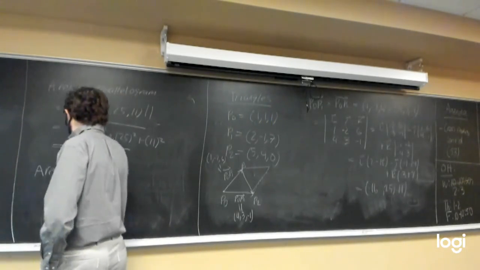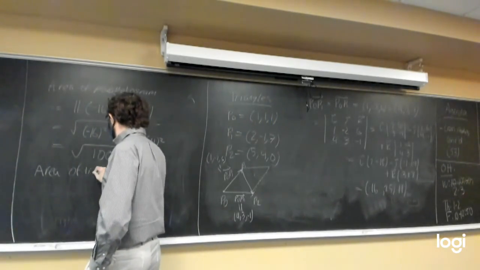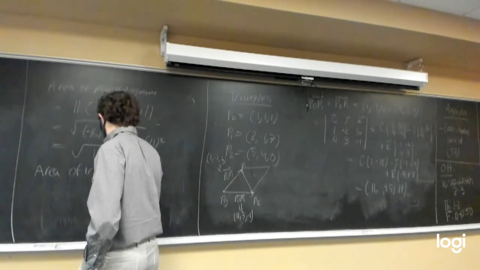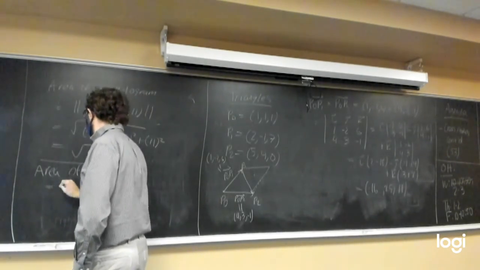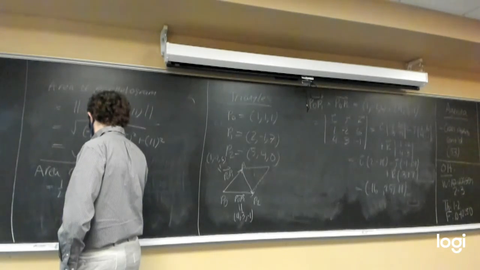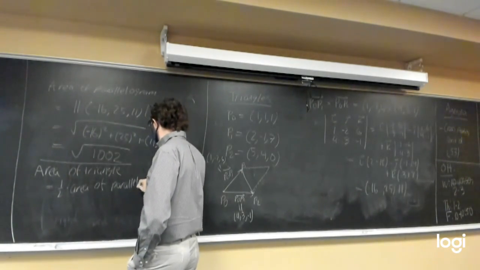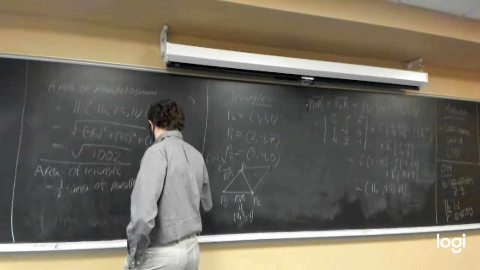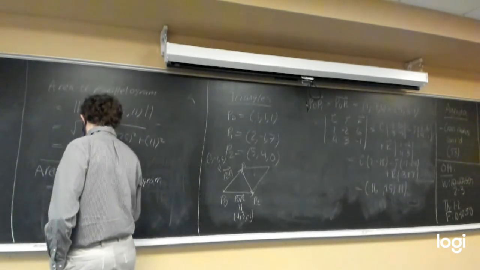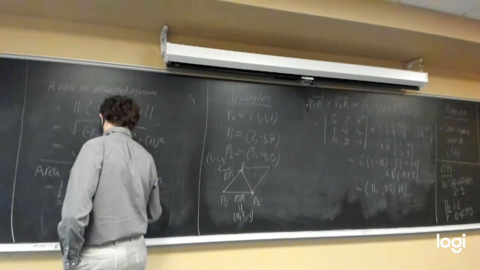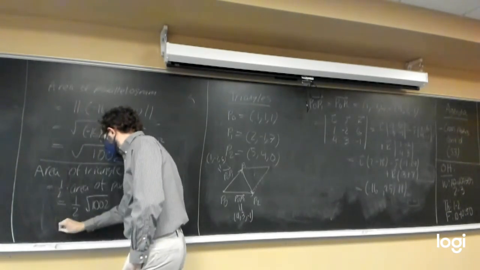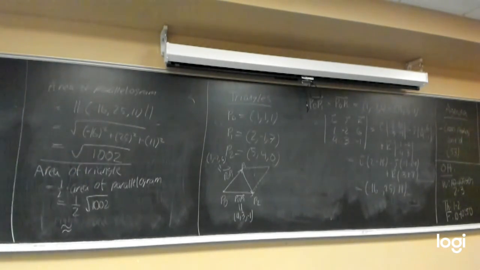So then the area of the triangle is going to be 1/2 times the area of the parallelogram, which is just going to be 1/2 times square root of 1002. When I plugged it into a calculator earlier, that's about 15.827.